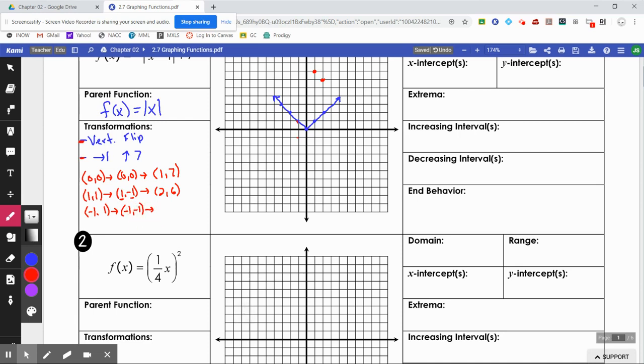If you take that and move it right 1, negative 1 is now at 0. When you take the y value of negative 1 and move it up 7, it is now a 6, so 0, 6. And you can kind of see now the general shape, and you can finish that out, and there is going to be your new absolute value function. And let me erase the parent function now, and let's answer these questions.